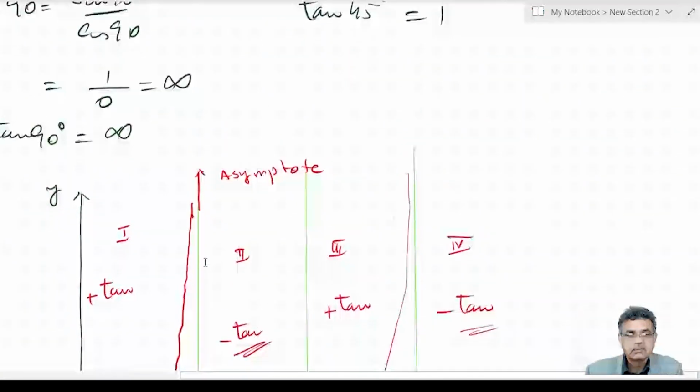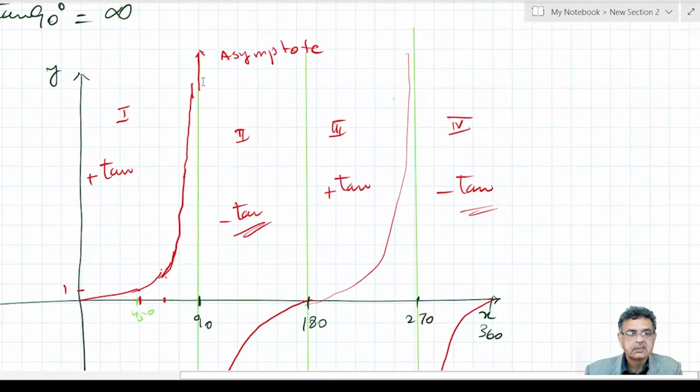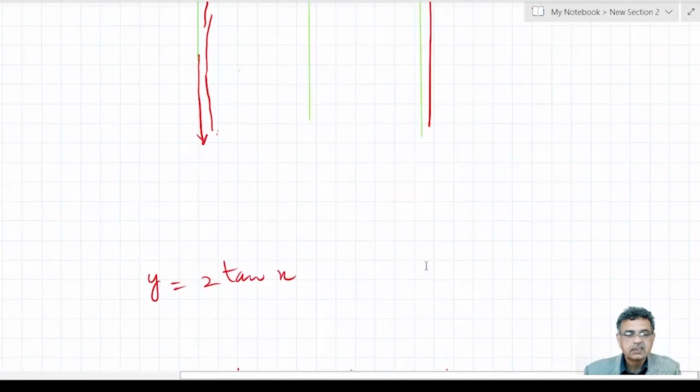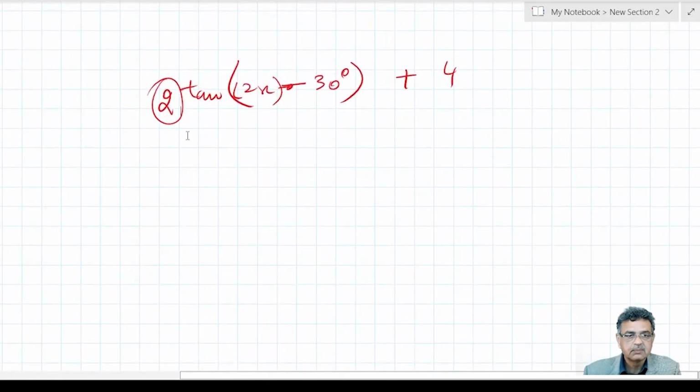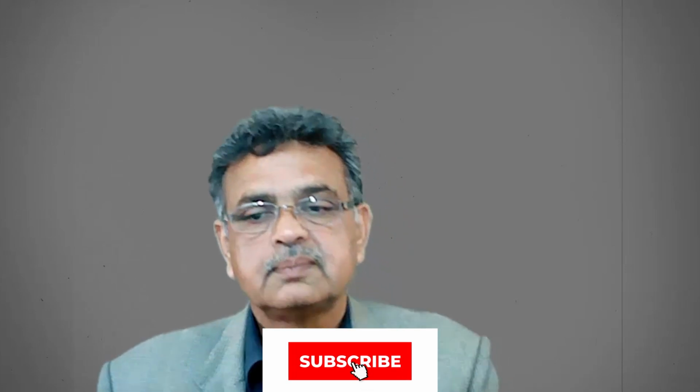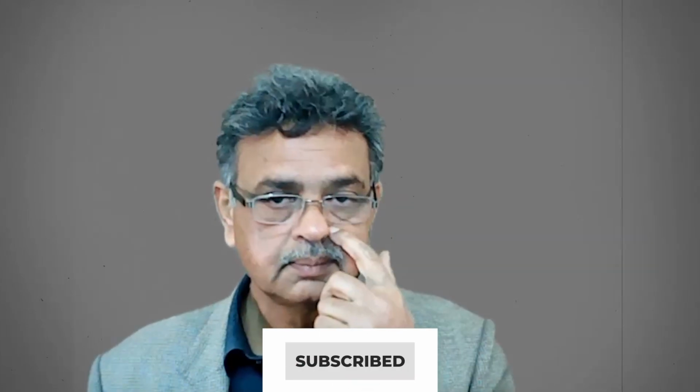So there is no such amplitude in the graph of tangent x. So this is not a very important number in order to understand the graph, but obviously it has its effect on the graph. So that's it on the graph of tangent x.